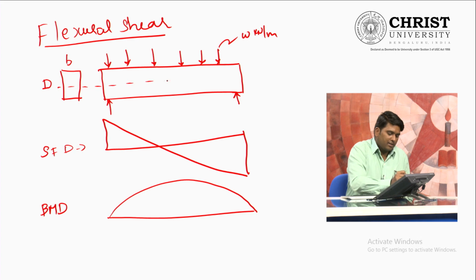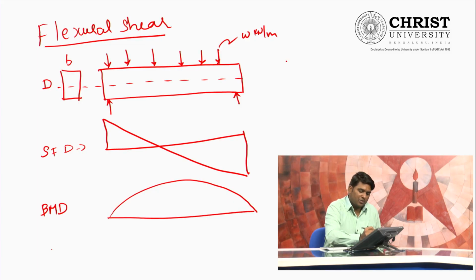This is the neutral axis. We know that shear force and bending moment both vary along the length. Let us consider normal and shear stresses. Let us consider the distribution of normal stresses, which we can represent by sigma, and the distribution of shear stresses by tau.